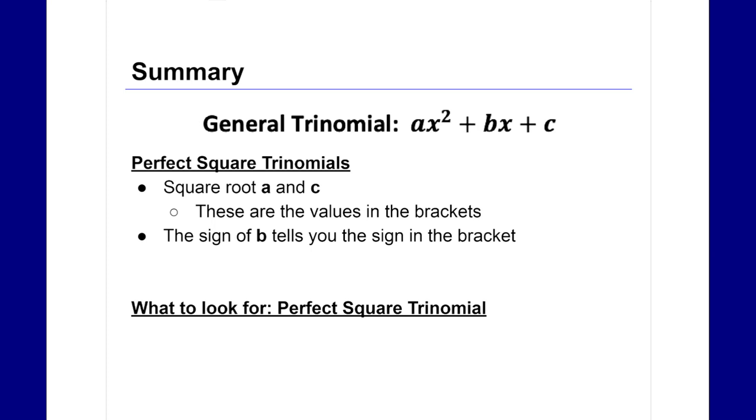What we do here is take the square root of a and the square root of c. So we have the square root of a with an x, the square root of c for the second term, and then the sign of b.